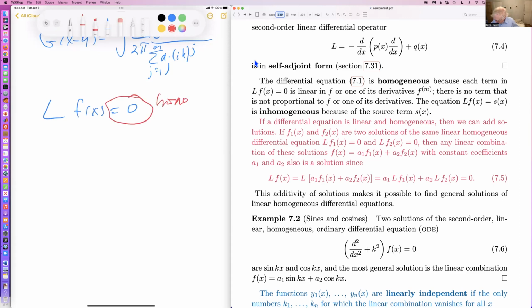In other words, it's not just that it's equal to 0, but that L is the differential operator involving just derivatives. If instead we had L f of x equal S of x, this would be inhomogeneous, because this thing here is a source term.